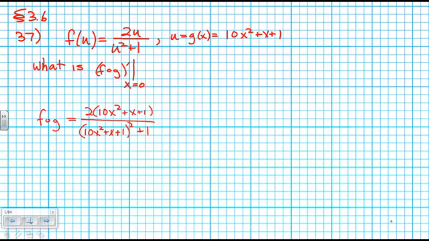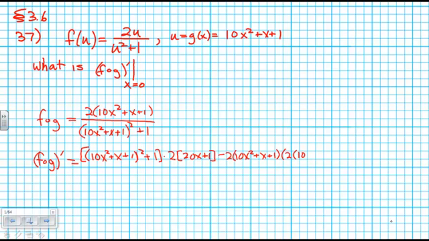And if that's the case, then f of g prime, the derivative of f of g, using the quotient rule, ends up being the quantity 10x squared plus x plus 1, squared, plus 1, there's my top, times the derivative of the top, which is 2 times the quantity 20x plus 1, minus the top times the derivative of the bottom.